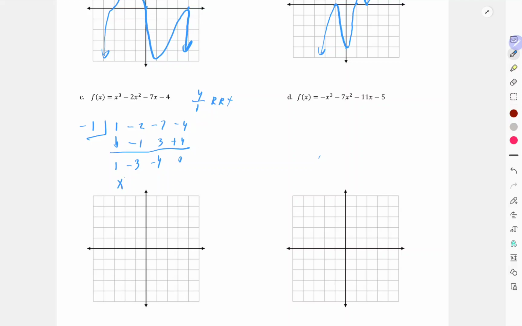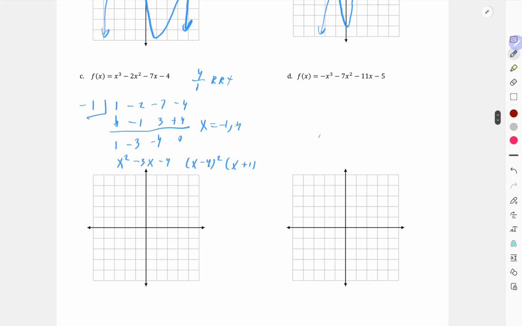There we go: x squared minus 3x minus 4. And what that gives me is just x minus 4 to the power of 2. So we got x plus 1. So my x-intercepts are -1 and 4.